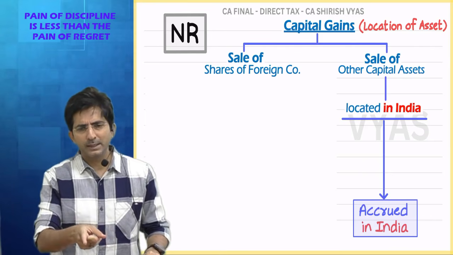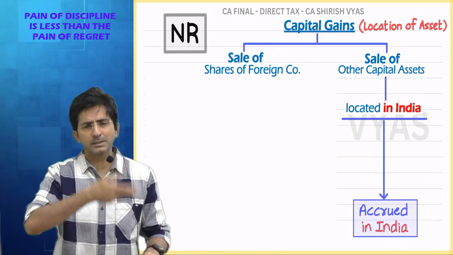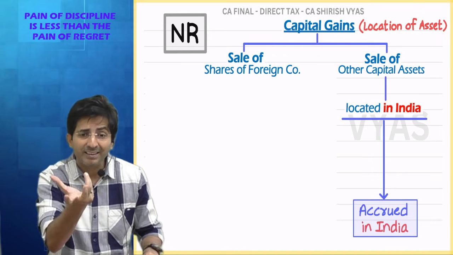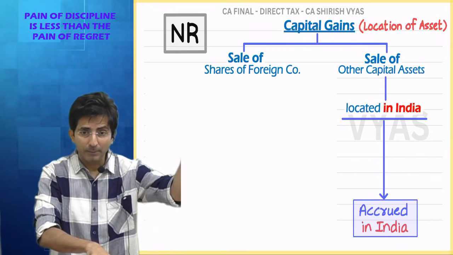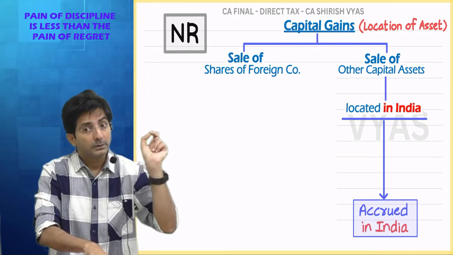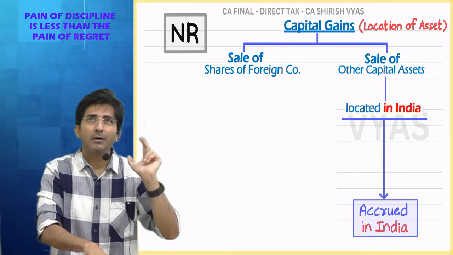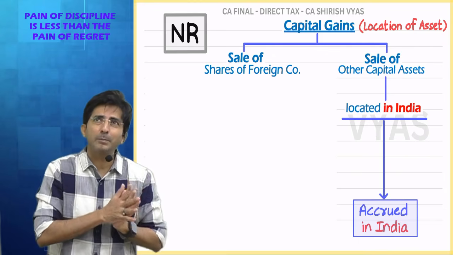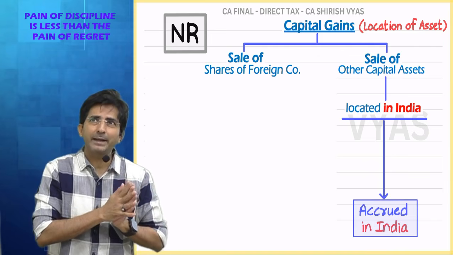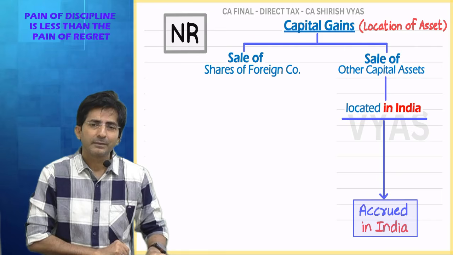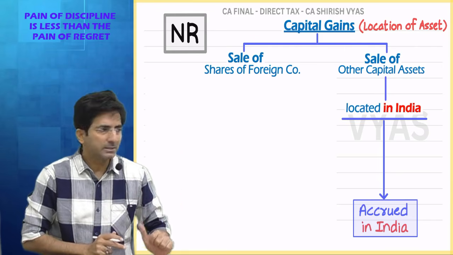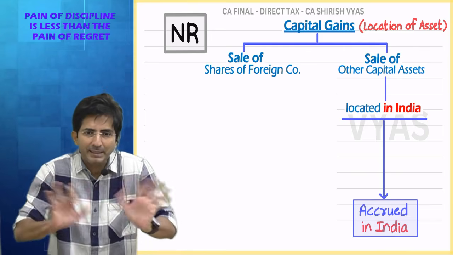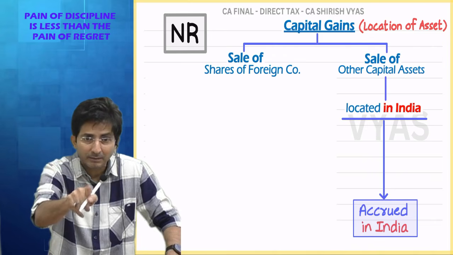Right now, what did I say? For items like shares, debentures, bonds, we have to see the company. So the example I said: a non-resident of Singapore has sold shares of a German company. What will you think? The shares are of a company in Germany, so the asset is located in Germany. That means he has made capital gains in Germany, which means it accrued not in India, so it is not taxed in India, correct?